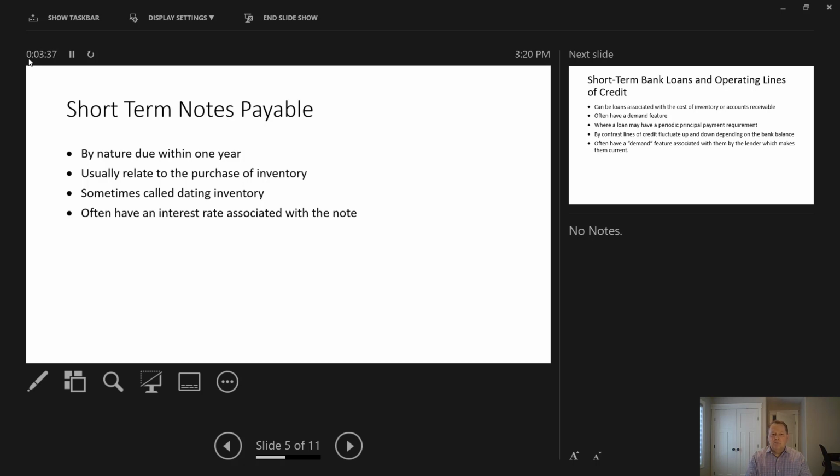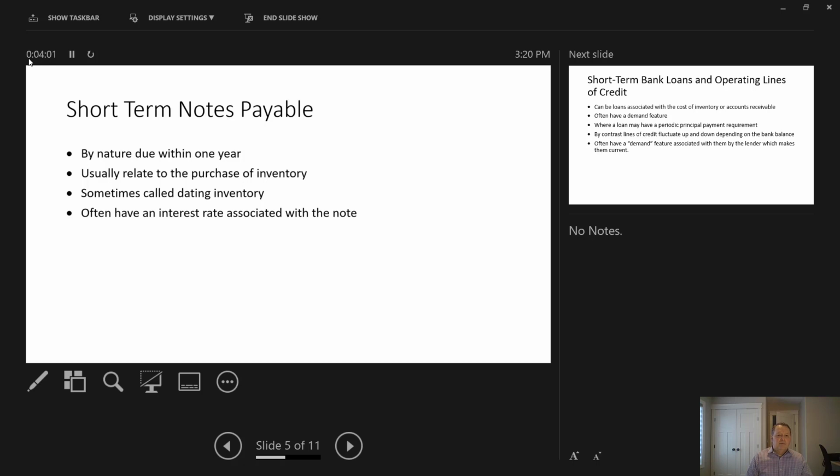Often they relate to the purchase of inventory. Once in a while, you might see it related to some sort of property, plant, and equipment. But generally speaking, it's related to the purchase of inventory, sometimes called dating inventory. And it's usually got an interest rate associated with it if it's going to be for a significant amount of time.